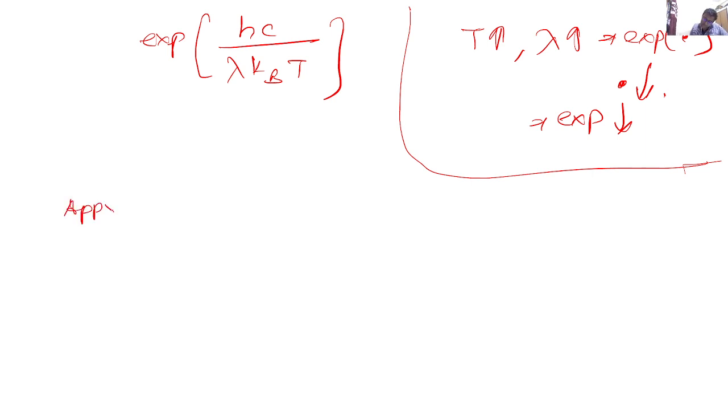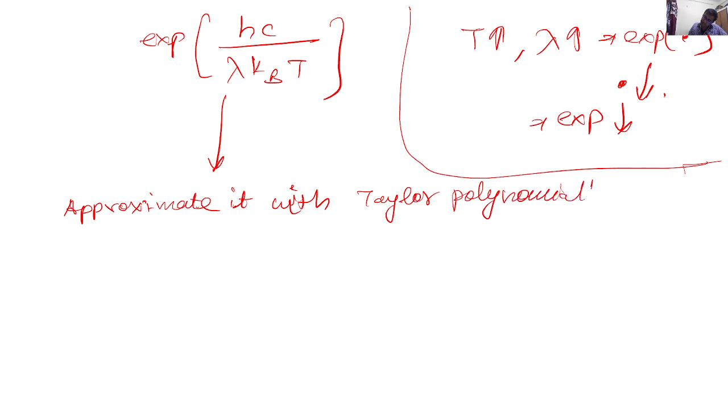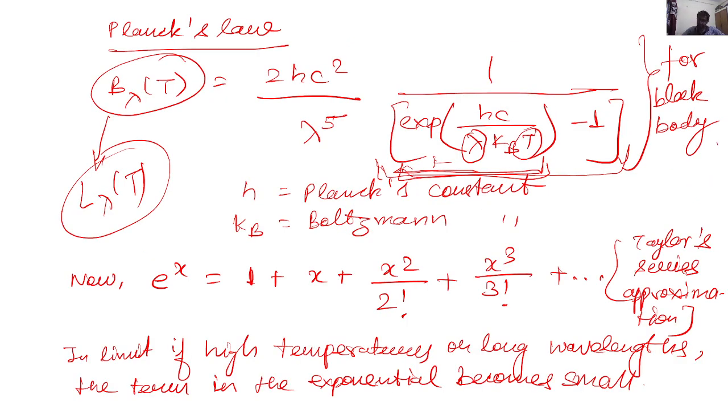Now let's approximate it with Taylor polynomials, first order term. We already saw on the last page that e to the power x is nothing but 1 plus x plus x squared by 2 factorial plus x cubed by 3 factorial and so on.